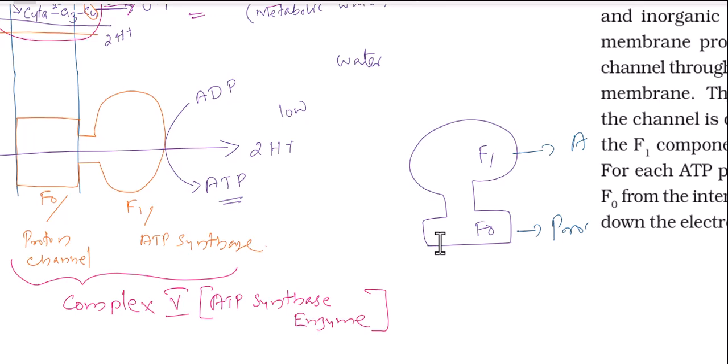This particle is a protein molecule having a base and a head region. Base region can also be termed F0, and the other one is known as F1 particle. The base is otherwise also known as the proton channel.